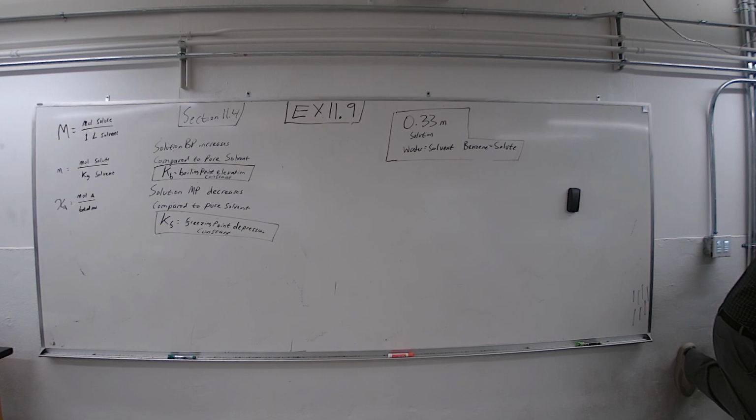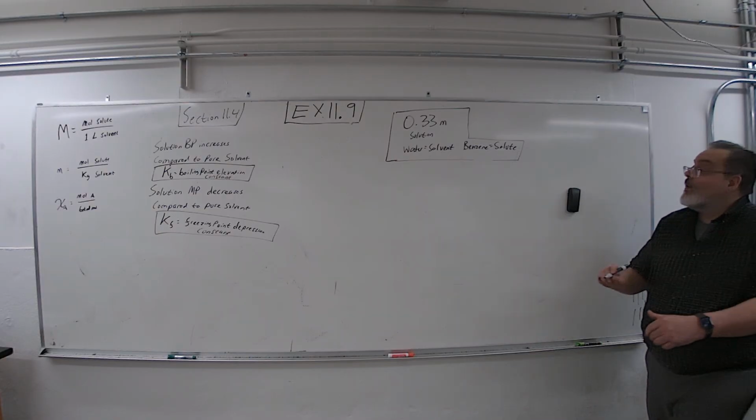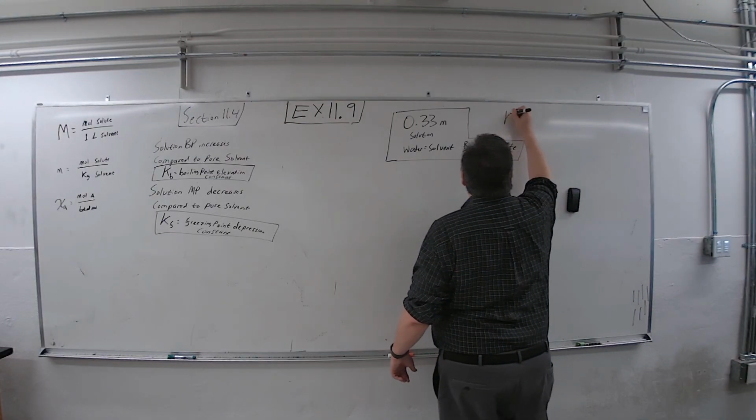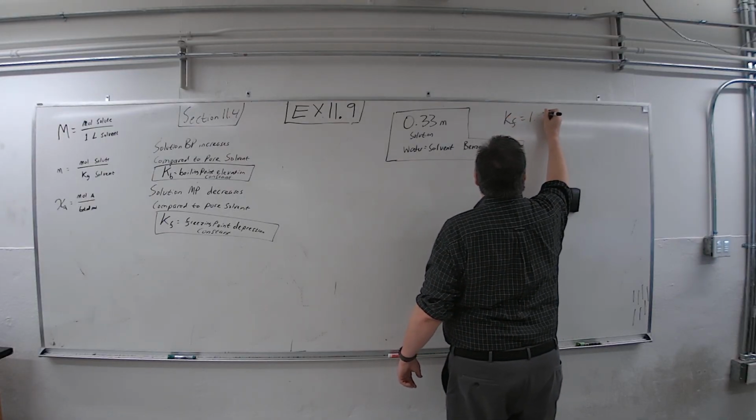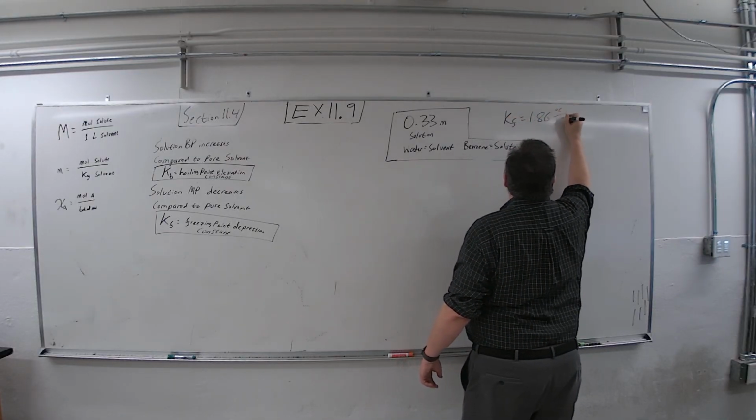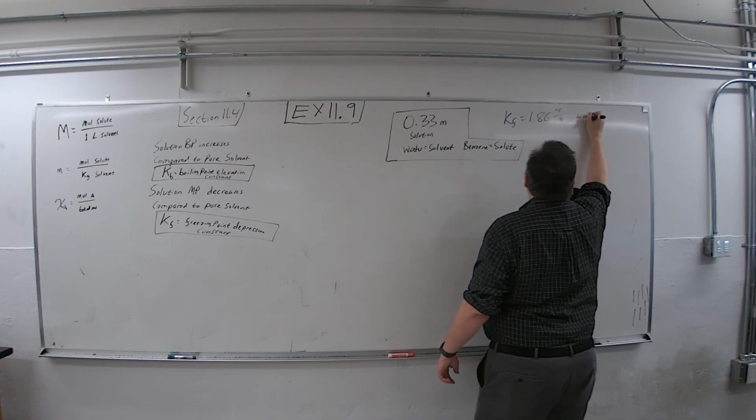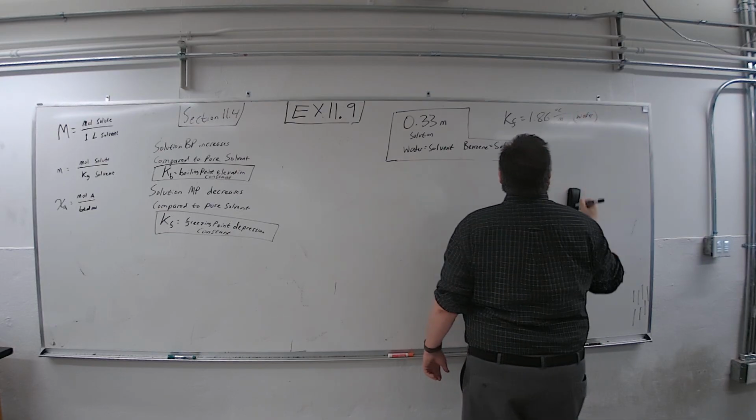So we're going to use this for benzene. Benzene's freezing point is 5.5. Water's freezing point is 0. We want the 1.86. Water.